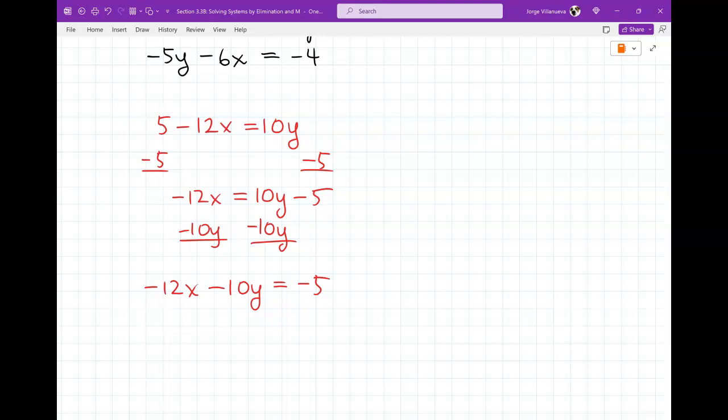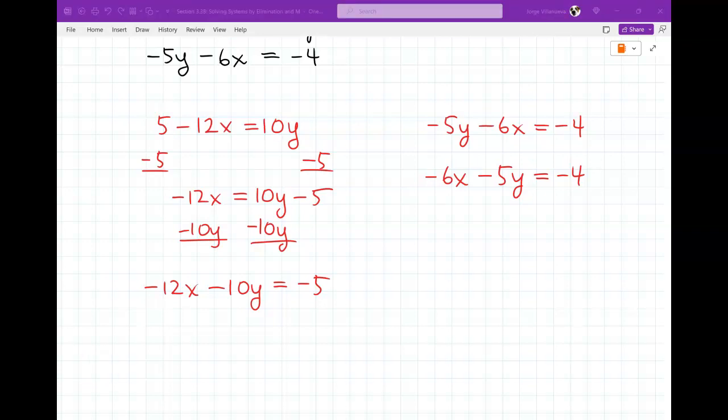Now let me do the other equation. Negative 5y minus 6x equals negative 4. This one's a little easier. I'm just going to switch them. Negative 6x minus 5y equals negative 4. Okay?